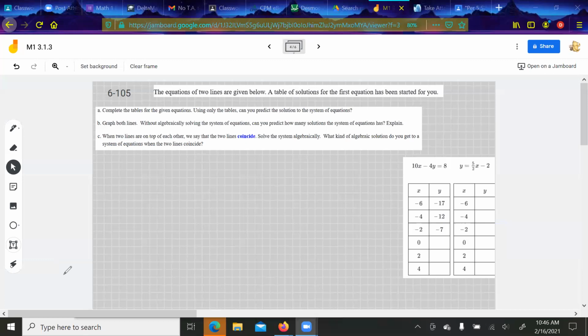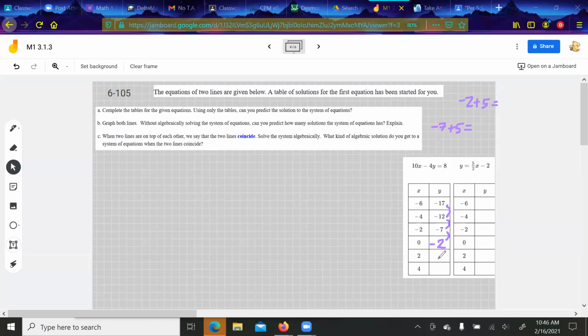All right, guys, what did you get for what this is going up by each time for this one? 5. Good, it's going up by 5. So if I add 5 to -7, what is my next number going to be? -2. -2, and then I take -2 and add 5 to that.